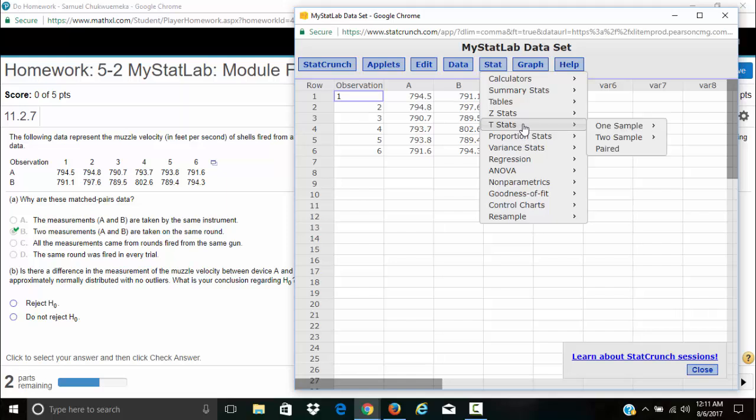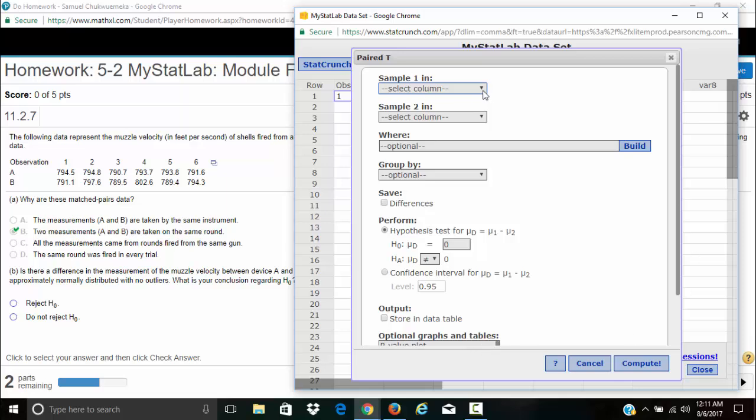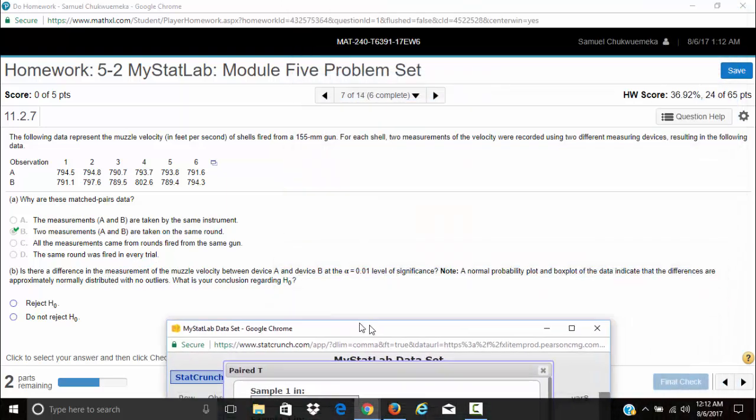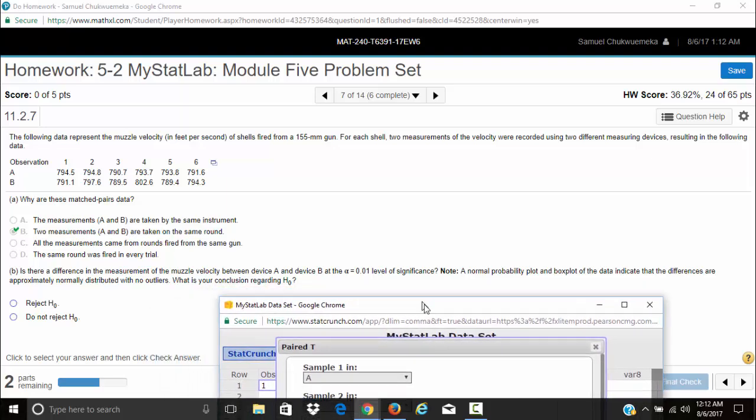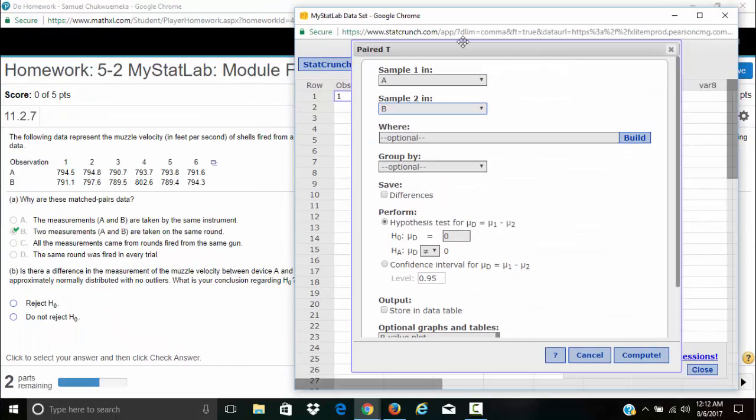So you point your mouse at t-stats, you get paired. Sample 1 is your A. Please note the observation. Sample 2 is your B. The question they ask us is, is there a difference in the measurement at this level of significance?